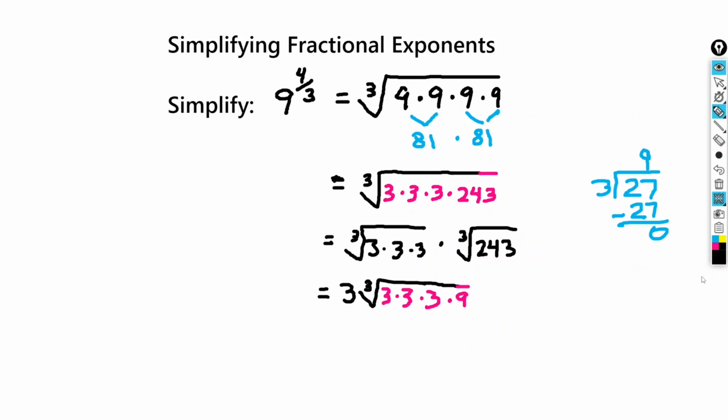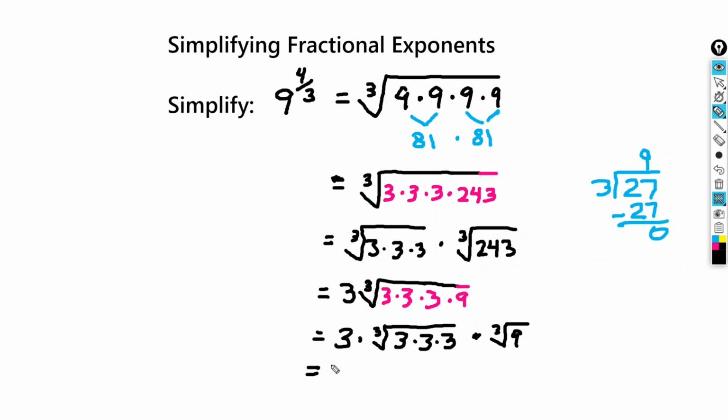Okay, so if I want to keep breaking this apart, this is 3 times the cube root of 3 times 3 times 3, times the cube root of 9. Well, again, this is 3 times the cube root of 3 times 3 times 3 is just 3.